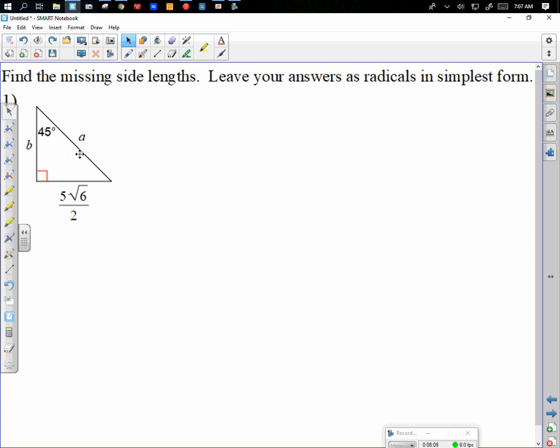So now the thing you're supposed to memorize is the following, and I recommend you memorize the triangles. I'm going to do the 30, 60, 90 right here. The 30, 60, 90 triangle looks something like this.